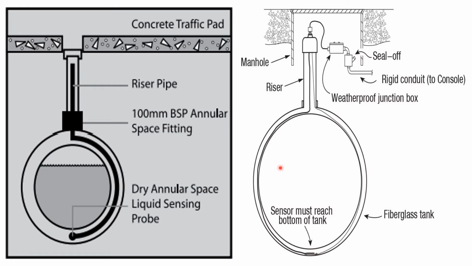But if you had a leak on the inside tank, it's supposed to, by the mechanics of it, drain down here to the bottom and set this into alarm. What you'll find is a lot of our sites across the country, if they're in a very dry region, this may not be a practical approach.